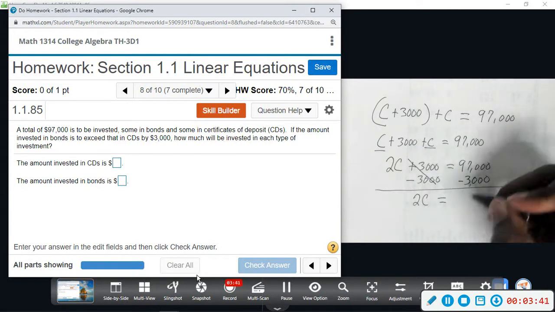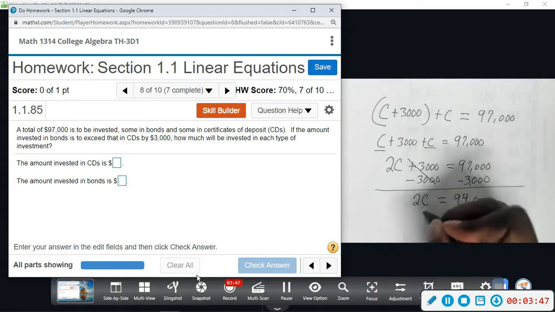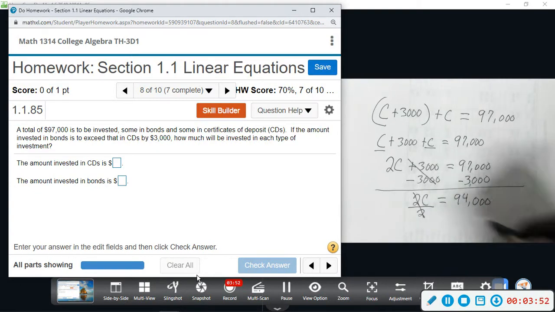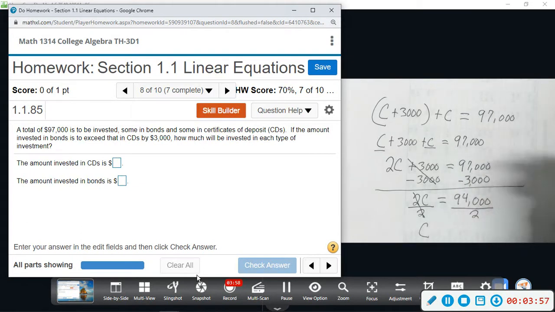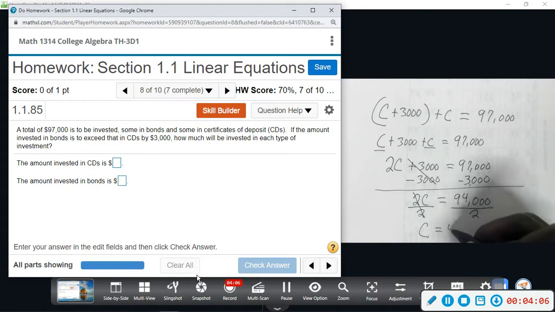And that equals 94,000. And then divide by 2. So 2 divided by 2 is 1. And then we get C, the amount in the CD is, so half of 90 is 45, half of 4 is 2. So 47,000.